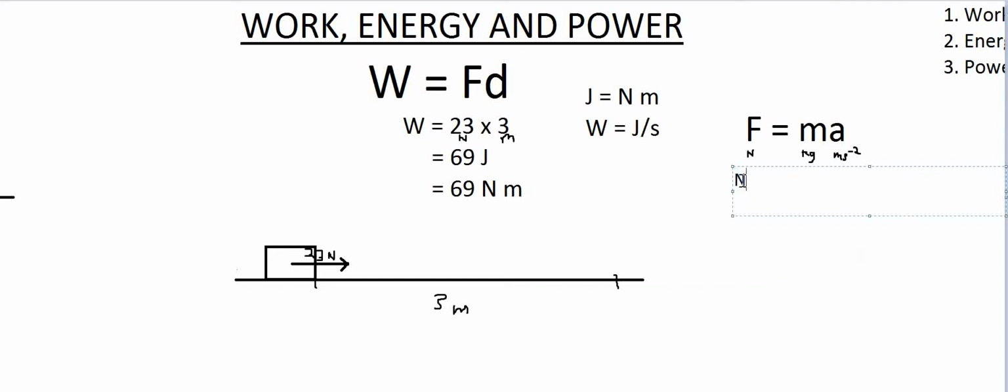So Newton is kg meter per second squared, and joules is Newton meters, so it's equal to kg meter squared per second squared.